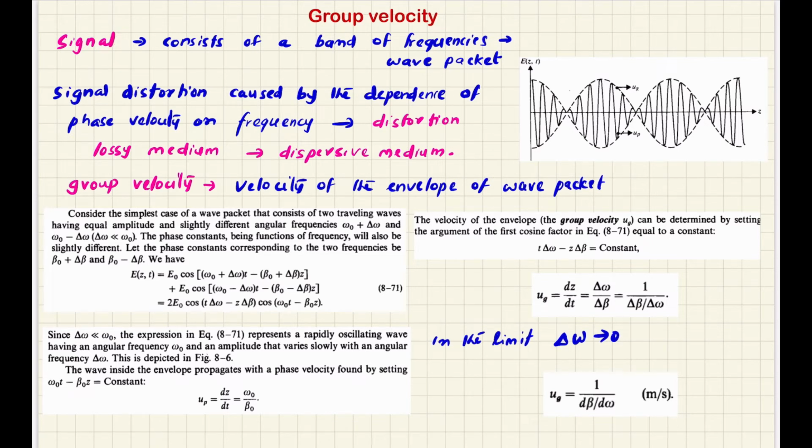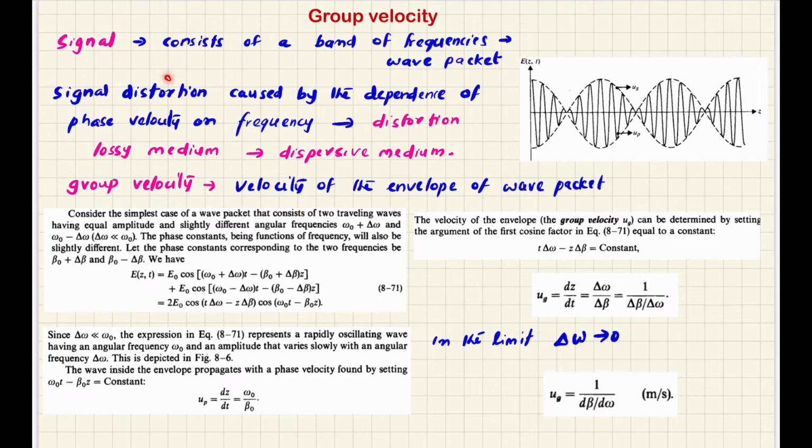Suppose a signal is propagating in a plasma medium. Different frequency components will travel with different phase velocities. So what happens is, if you have a signal of a Gaussian shape or some definite shape, as it propagates, the shape of the wave packet will be distorted.